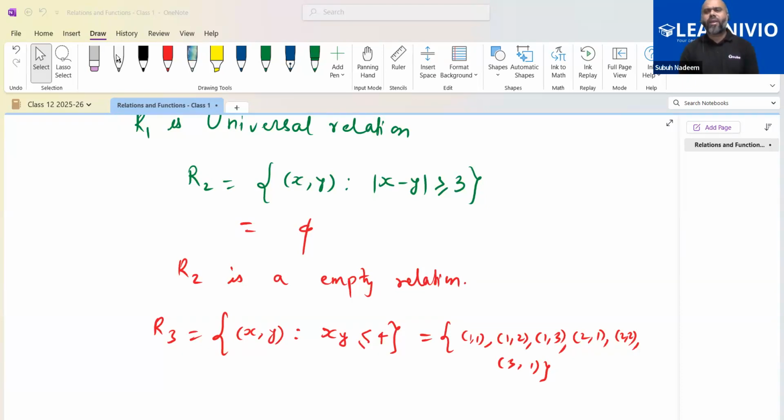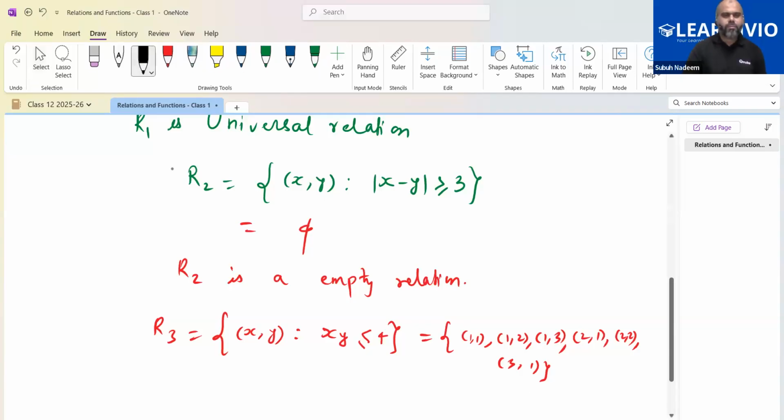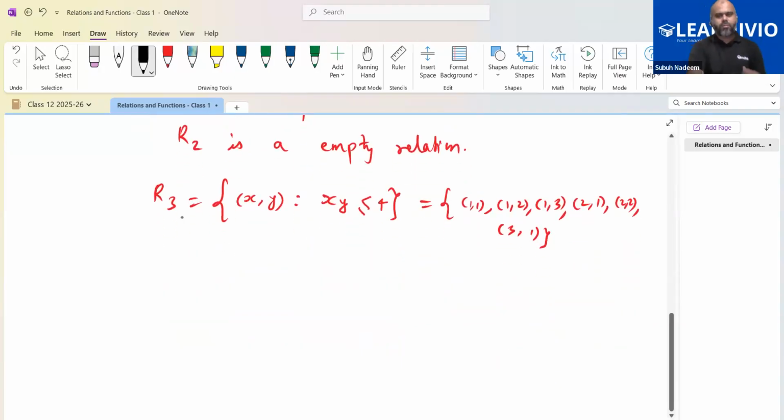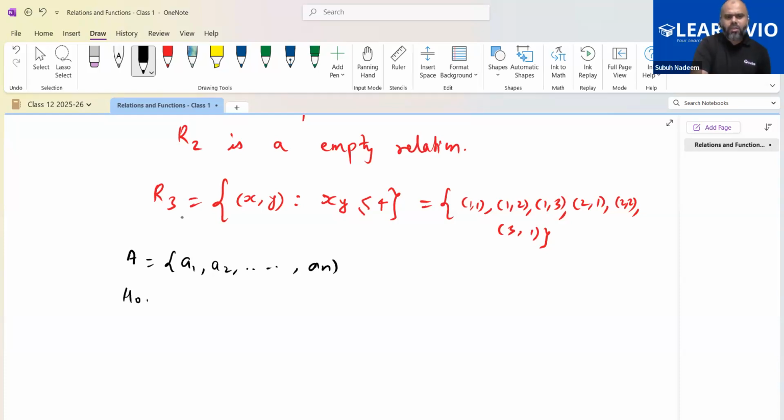Now, if you want to find out how many relations are there, like for a set A which has n elements, A1, A2 till An, how many elements are there in A cross A?